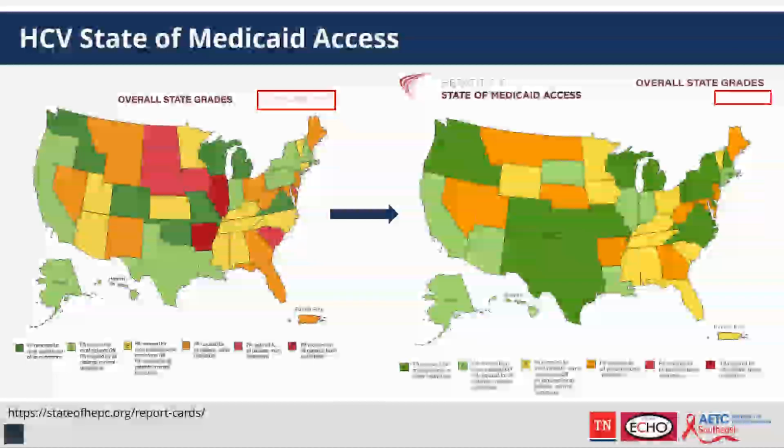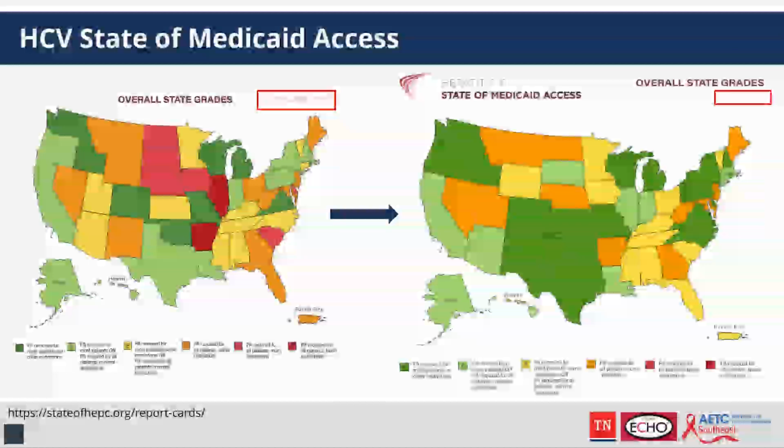We do still require prior authorization. They do still ask several questions, but it's good to see that there's no red remaining on the map for hepatitis C treatment in the U.S. There are some states that are still slowly but surely changing their ways, which is great. That allows more patients to get treated faster and not be waiting on things like having advanced fibrosis before they're allowed to get treated.